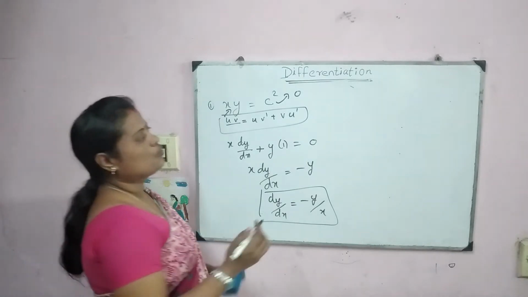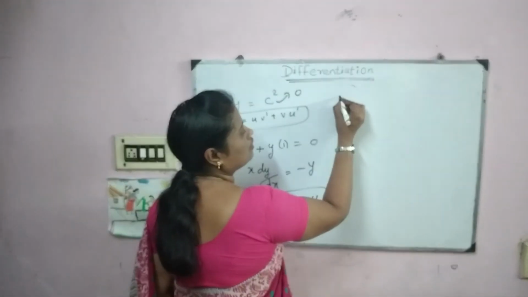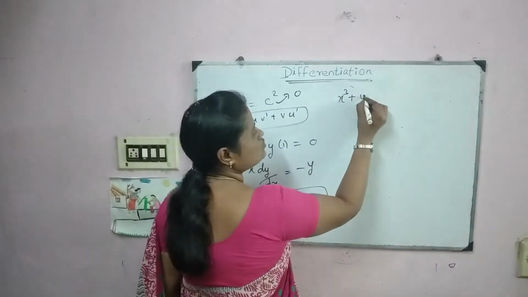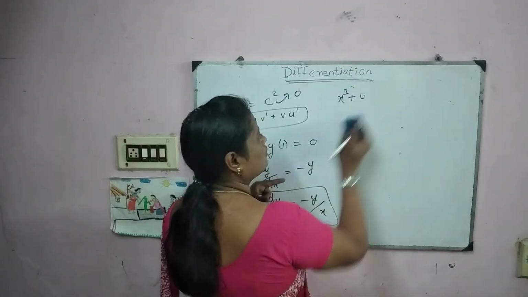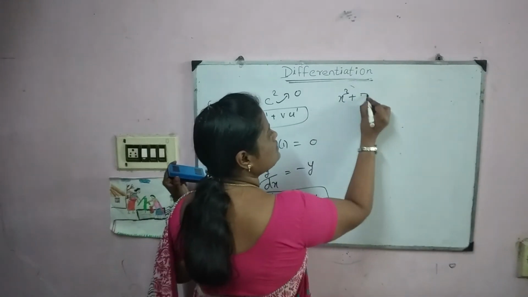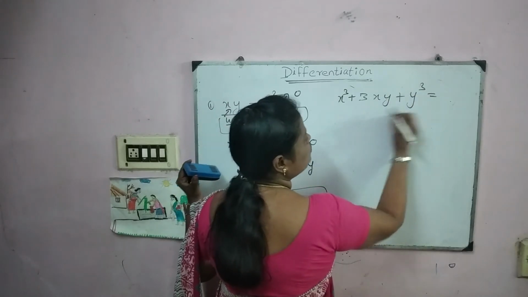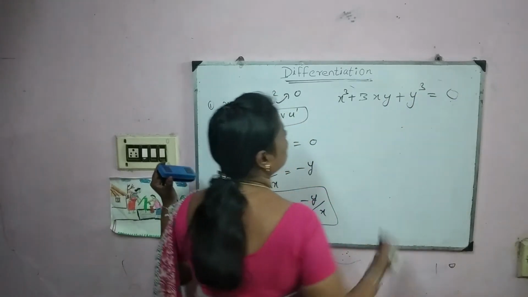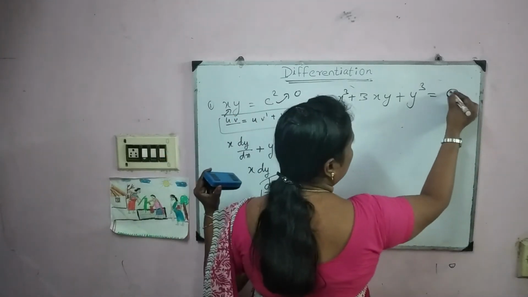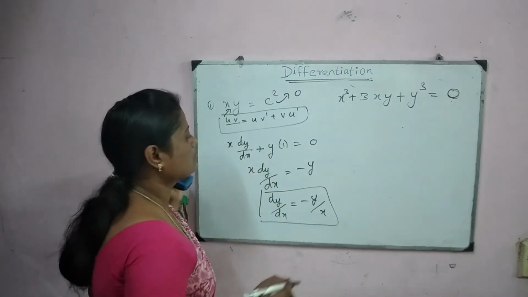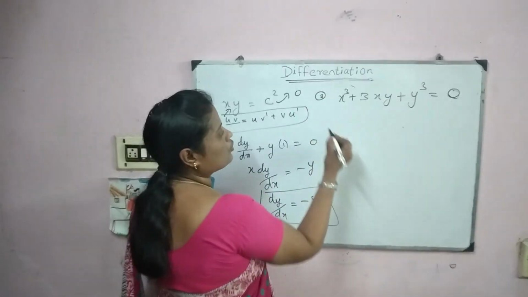We'll see one more example, that is x cube plus 3xy plus y cube equal to 0. Okay, 0, the differentiation of 0 is always 0. Don't worry about this. Now we'll see the second problem.